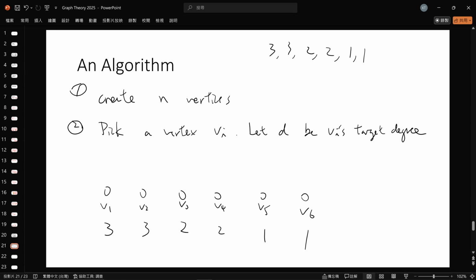And let's let D be Vi's target degree. So in our example, if we pick V1, then 3 will be the target degree. So D is 3.